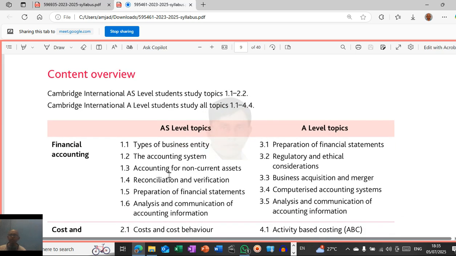Exclusively for AS level, the topics are types of business entity, the accounting system, accounting for non-current assets, reconciliation and verification, preparation of financial statements, analysis and communication of accounting information.